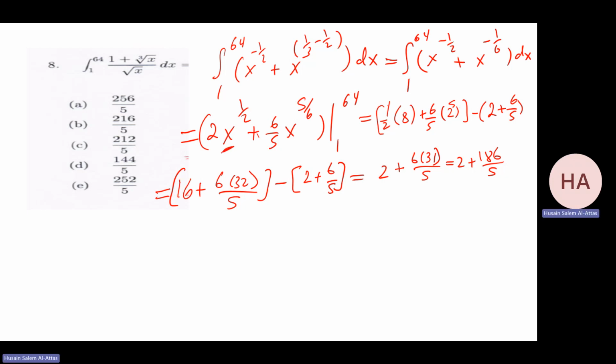So this is 16. So this will be what? 16. This is 2. So that will be 14. This is what? 70. So this is 14. So it will be 70 plus 186 over 5, which is 256 over 5. Matter of calculation.